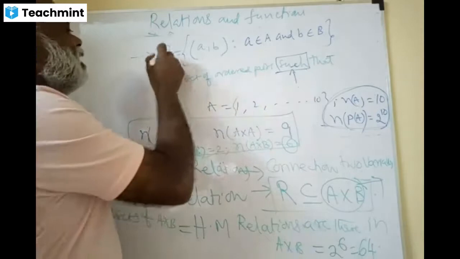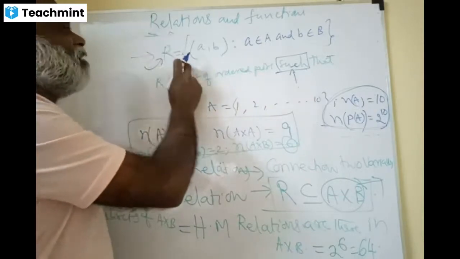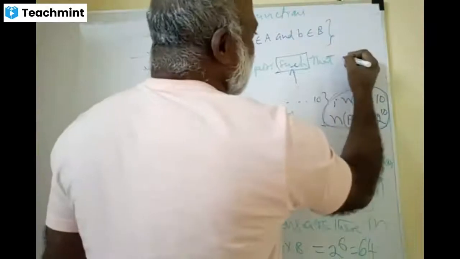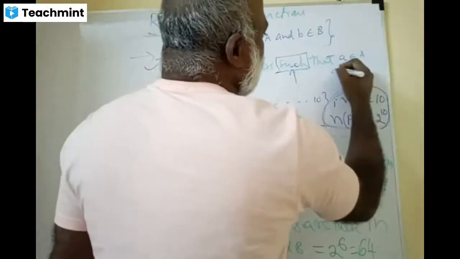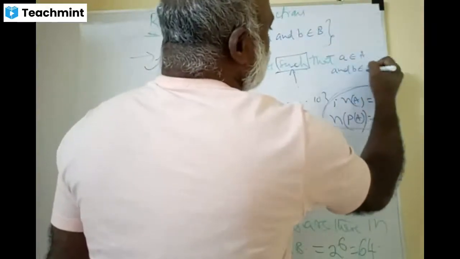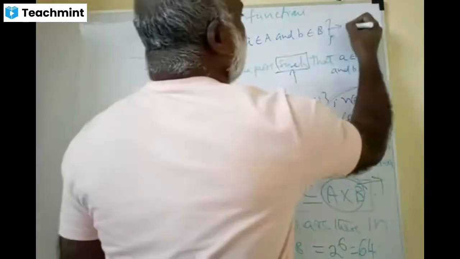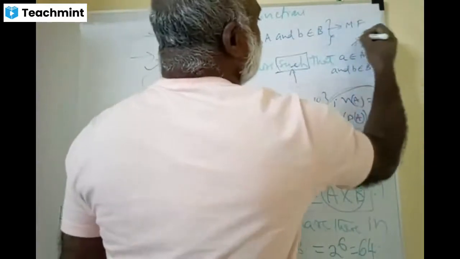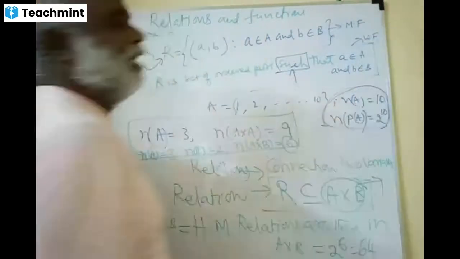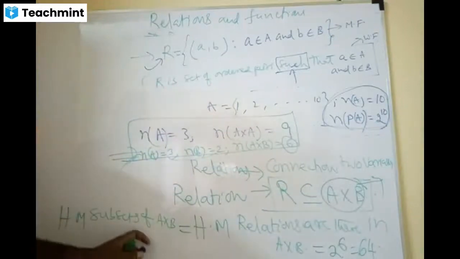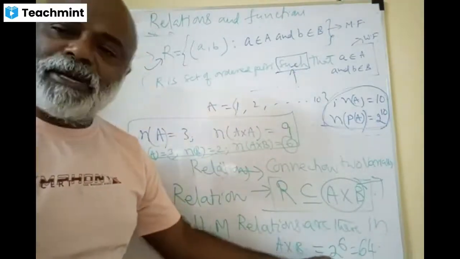The relation is a set of ordered pairs such that a belongs to A and b belongs to B. This is the word format for a relation, and this is the mathematical format. Please note it down.